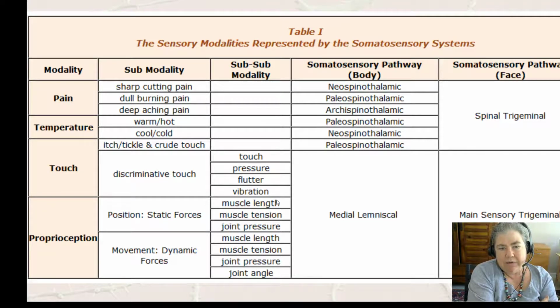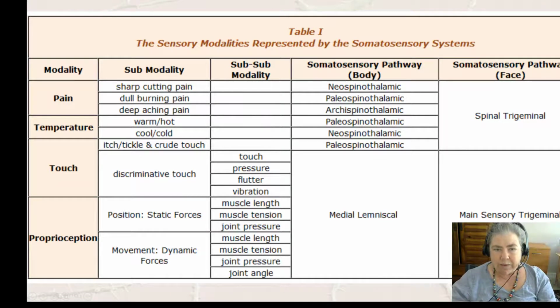All of these pathways, if you ignore the prefix, the neo, paleo, and archae that we see here, they're spinothalamic. So there's spinothalamic tracts that travel in the white matter of the spinal cord from the spine to the thalamus, right? Because that's the relay station where all of this information is getting transmitted.